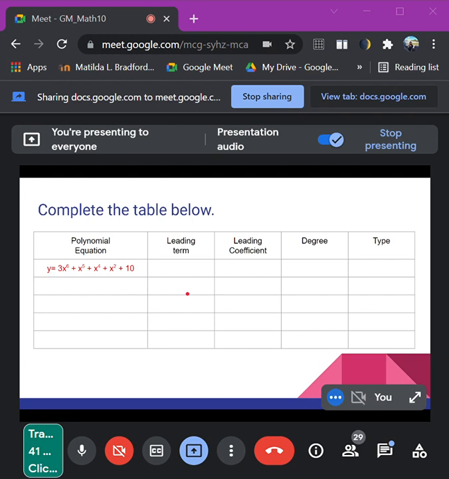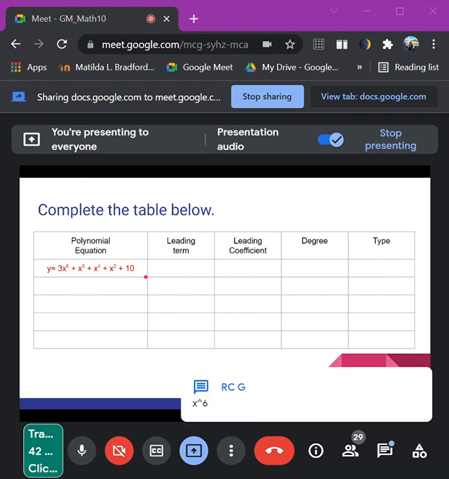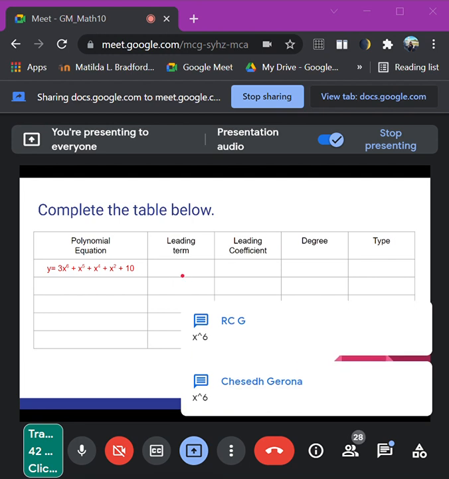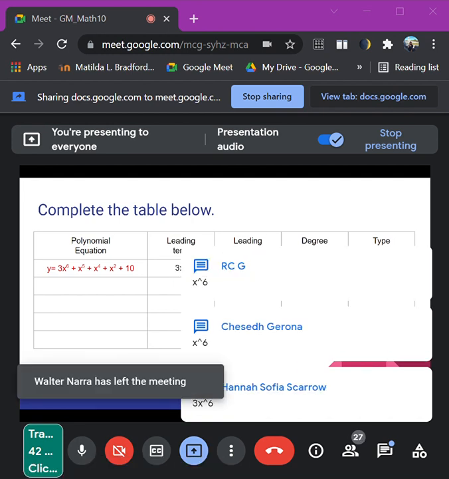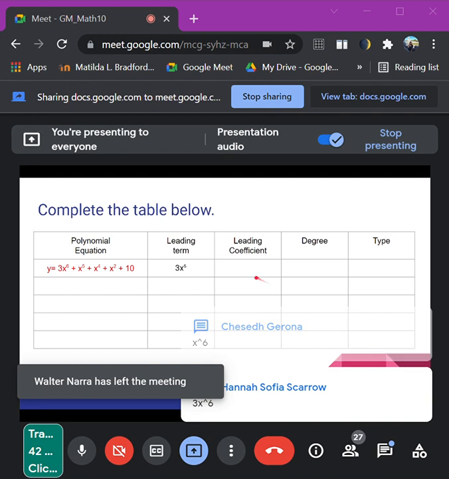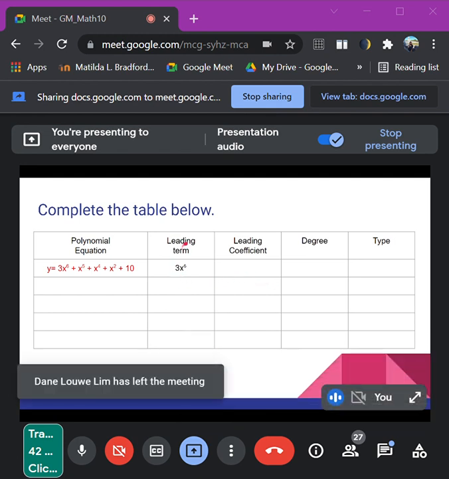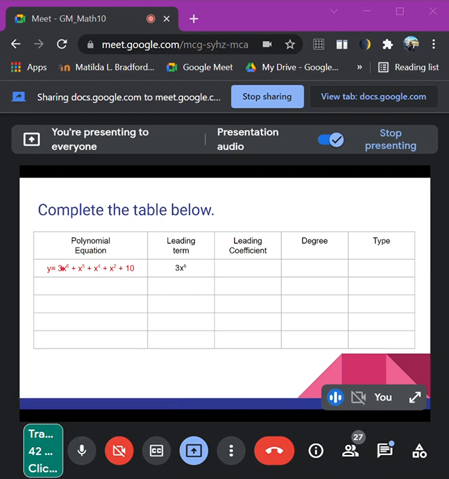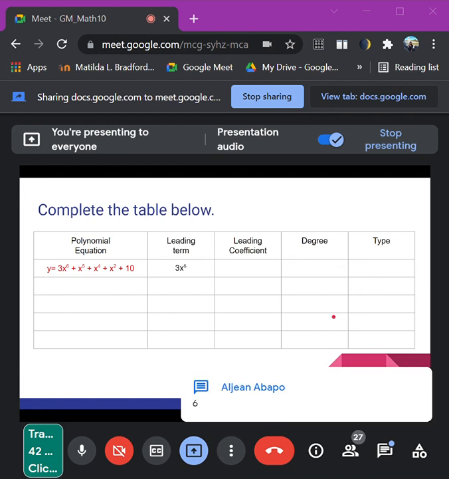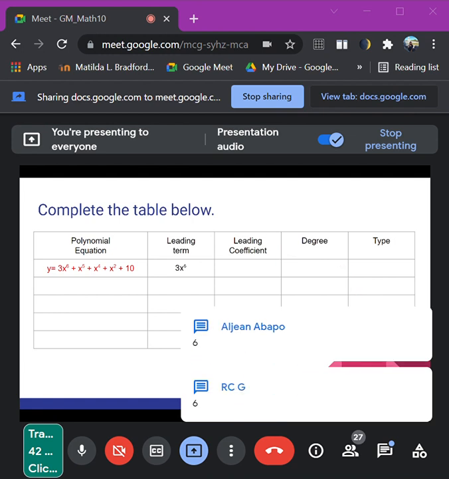So now, the question, what is our leading term? Okay, very good. That is 3x raised to the power of 6. Remember, we're asking for leading term, so include the coefficient and include the variable. Now, how about our leading coefficient? Coefficient. Okay, very good.